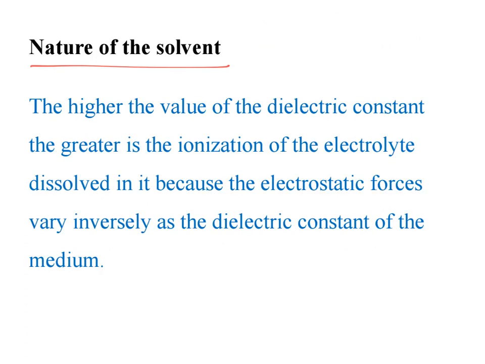How does the nature of solvent affect the degree of dissociation? When it comes to solvent, we have two types: the solvent having a high dielectric constant value, and the other having a low dielectric constant value.